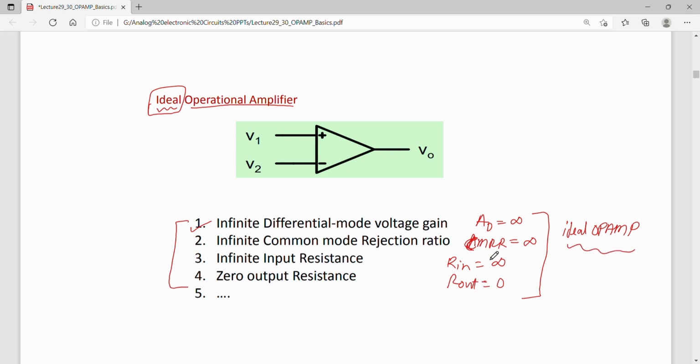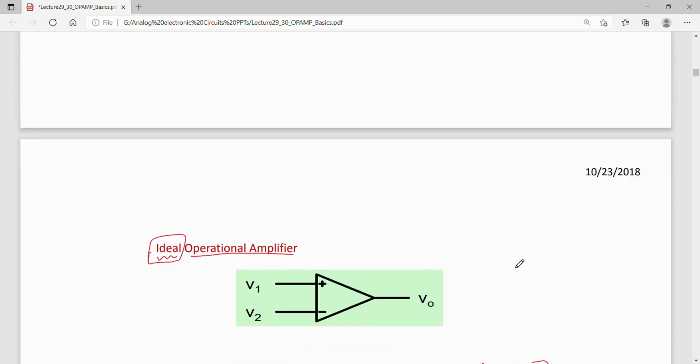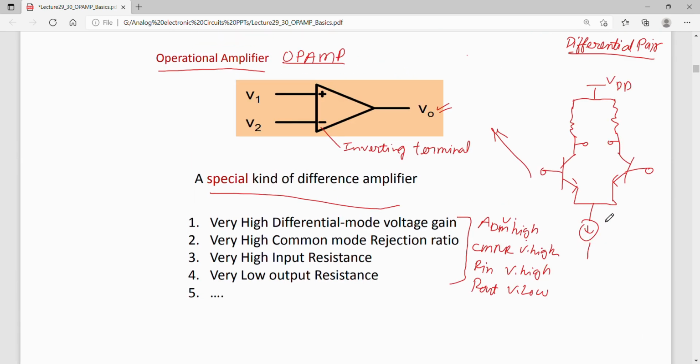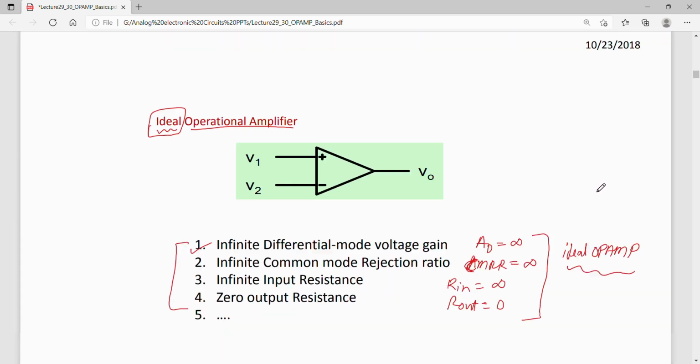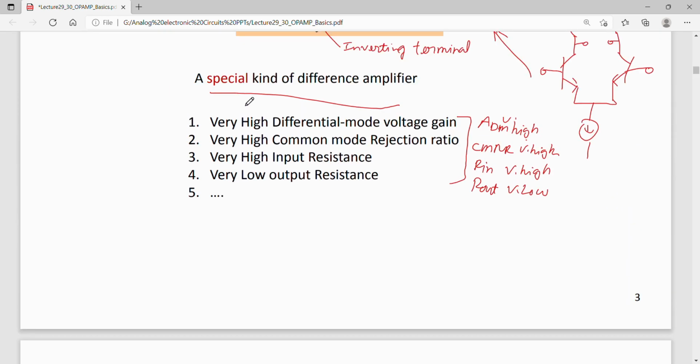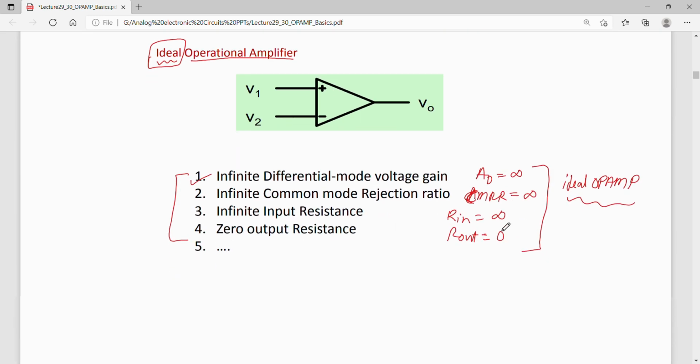Now to match these properties, obviously this difference pair has to be modified. That is how it becomes a special kind of difference amplifier with these properties.